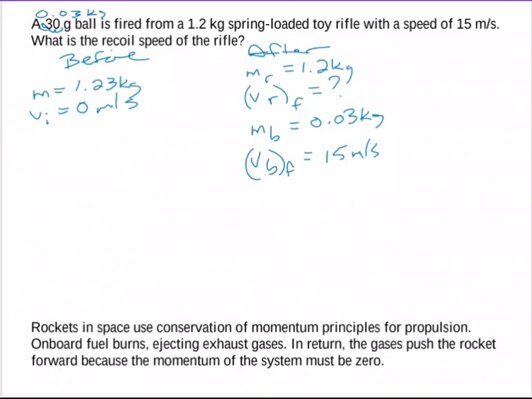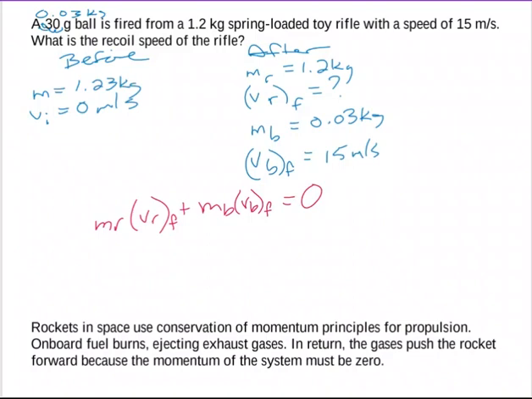So MR times VRF, mass of the rifle times the velocity of the rifle final, plus mass of the ball times velocity of the ball final, equals the mass of the system times velocity initial, which is 0. So it's 0.